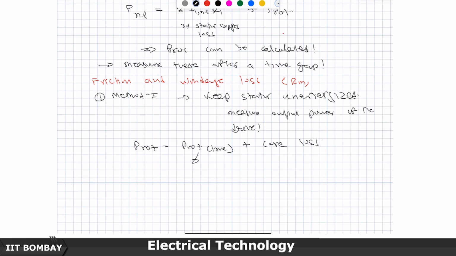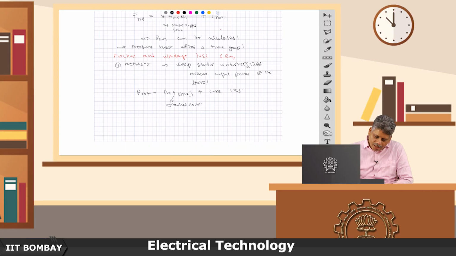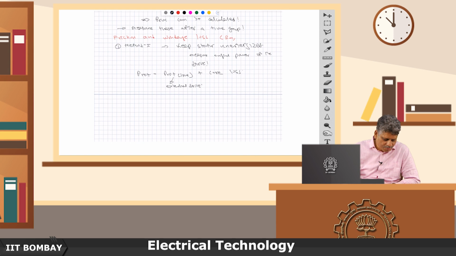So, if I measure this from an external drive with my original induction motor unenergized, because once it is unenergized, core loss will not happen in it, it is just a dead load on the external drive, and then I measure the output power of that external drive, then basically I have truly measured this. Then I subtract this from whatever was the P rot that I have written earlier, and I will get the core loss which is associated with the induction motor. So, I can separate it out.